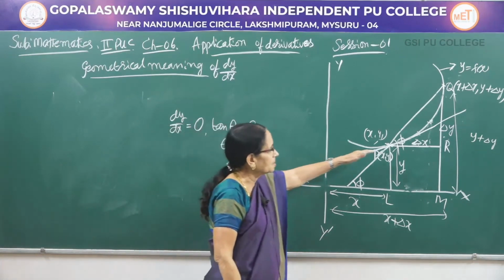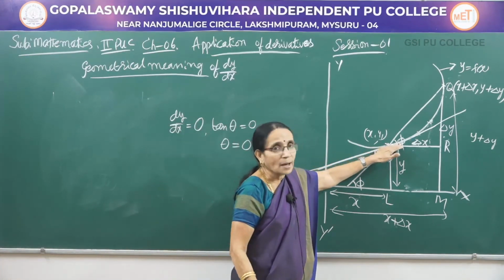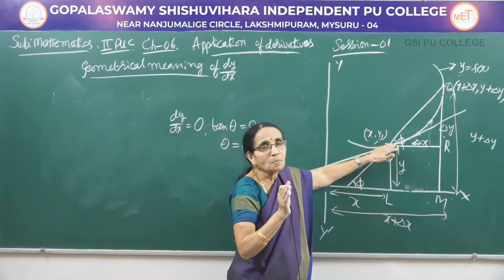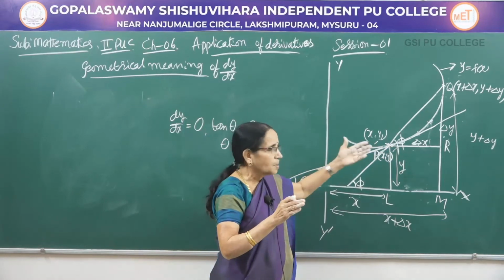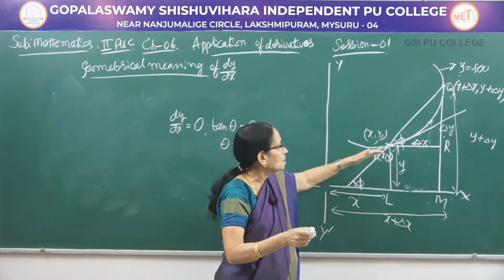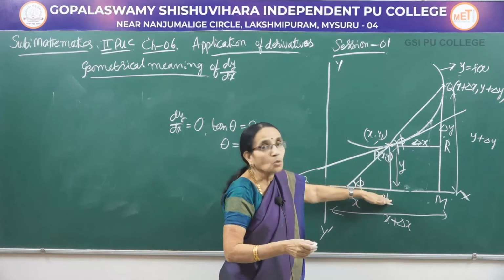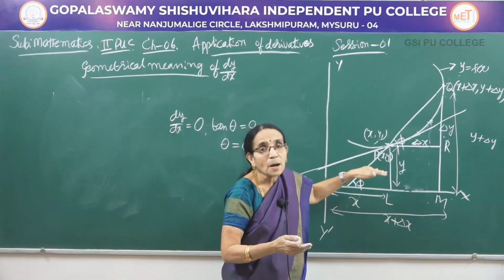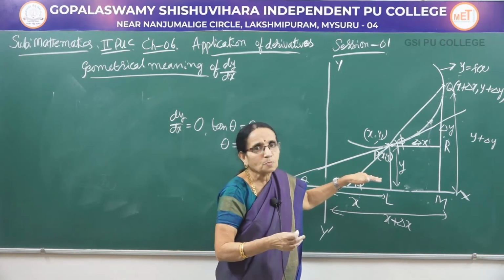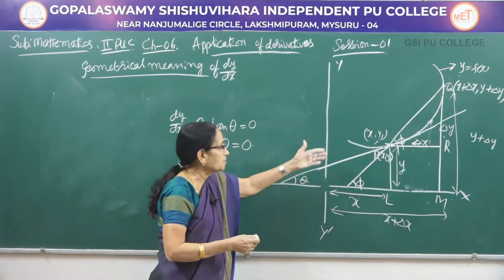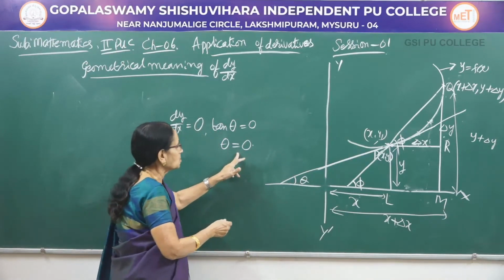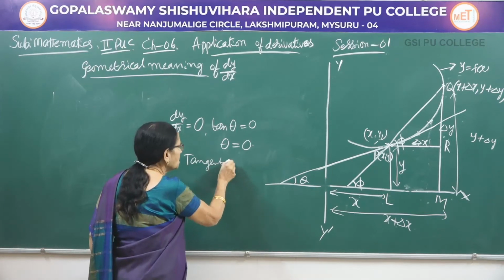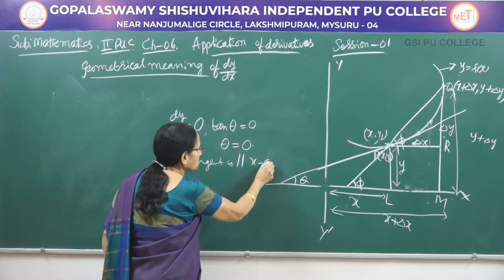Then how would the tangent be here? Theta is the angle made by the line with the x-axis, maybe a tangent or any other straight line. When theta is 0, it would be coinciding with the x-axis, one possibility, or it may be parallel to the x-axis. Both possibilities are there. So theta equal to 0 implies that the tangent is parallel to the x-axis.